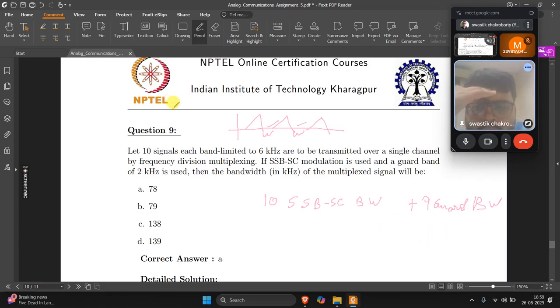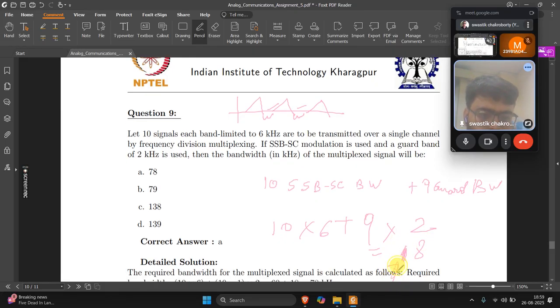Each of them is band limited to 6 kHz, so 10 of them will be 10 into 6, 60. And 9 guard bands, each with a bandwidth of 2 kHz, so 60 plus 18. The correct answer is 78.